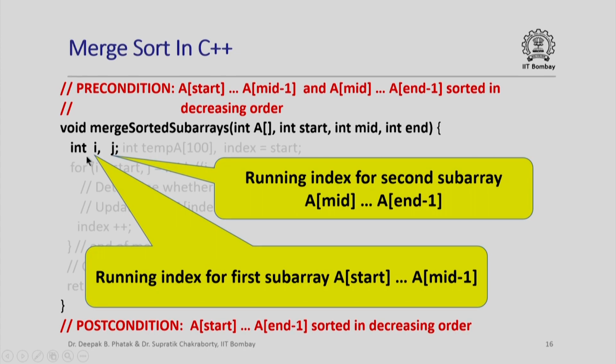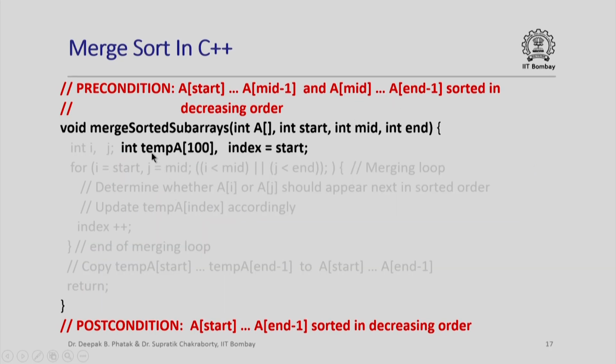Now inside merge sorted subarrays, what do we do? We actually have two counters or running indices, one for the first subarray and the other for the second subarray. So I will be the running index for the first subarray A start through A mid minus 1, and J will be the running index for the second subarray A mid through A n minus 1. I am also going to use an integer array called temp A of the same size as the array A, which is passed as a parameter to this function.